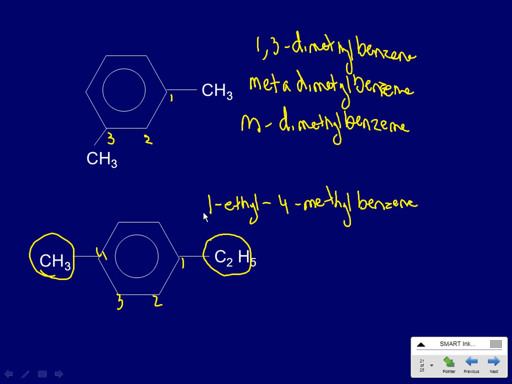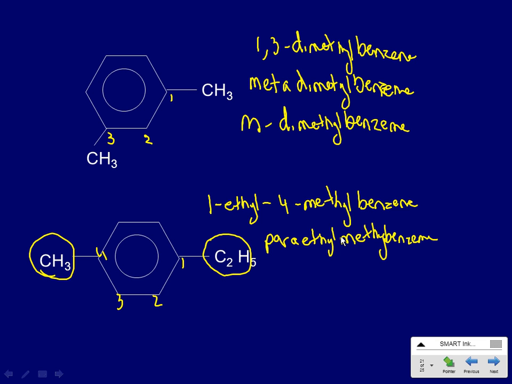So just like before, each branch gets its own number, right? And alphabetically the ethyl goes first. This would be called para ethyl methyl benzene.